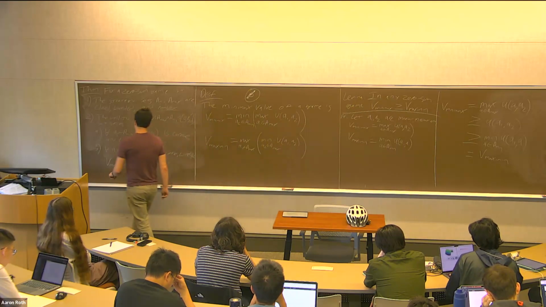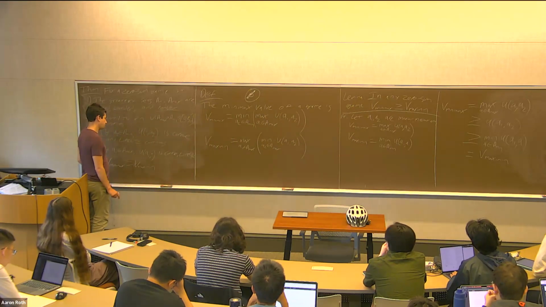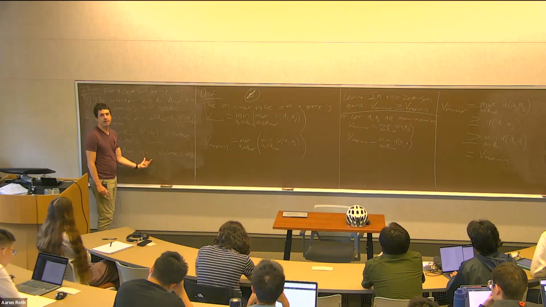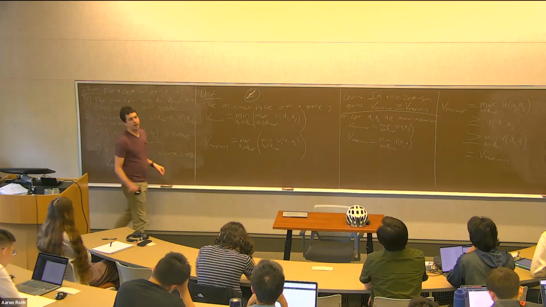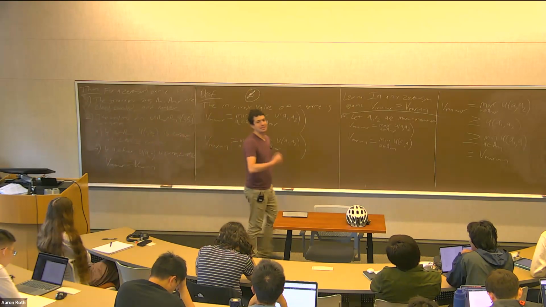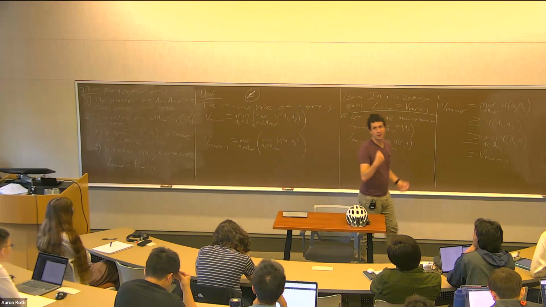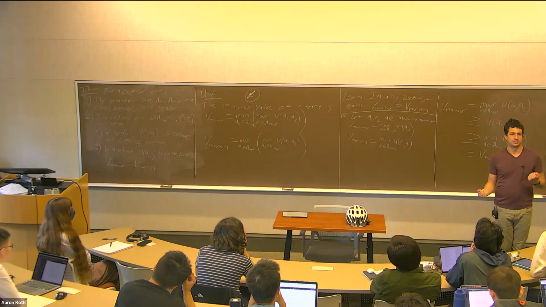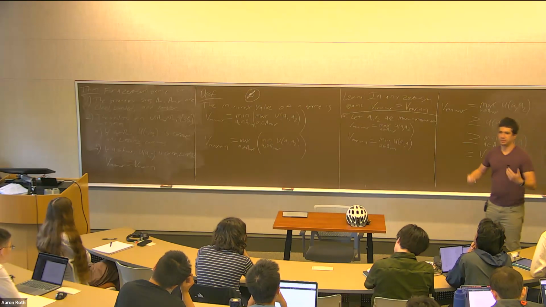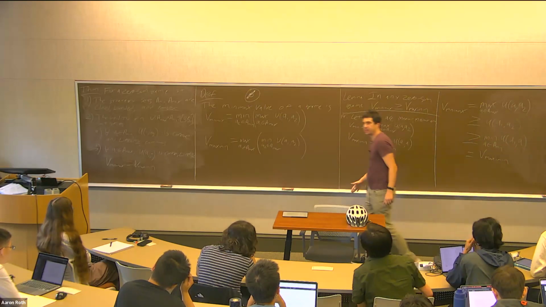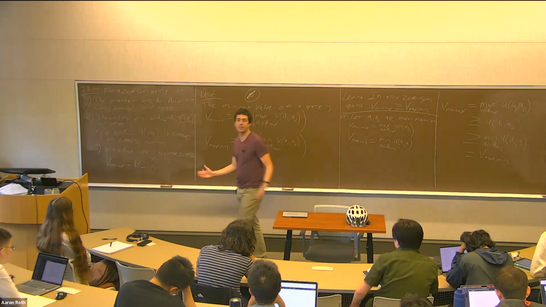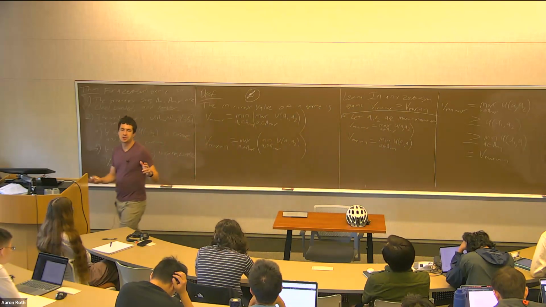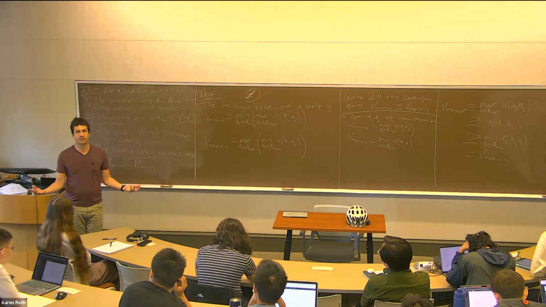For the minimization player, the player who's trying to minimize this thing, we've required that the losses they face, no matter what the maximization player does, be convex and Lipschitz. And just as we can do online convex minimization by multiplying everything by -1, we can do online concave maximization.